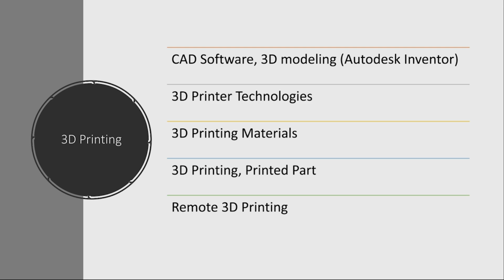Normally for 3D printers, small scale, not industrial 3D printers, we have to sit near the 3D printer and we have to give command for 3D printing. So if we have a remote 3D printing capability, we can literally print any object from anywhere in the world.